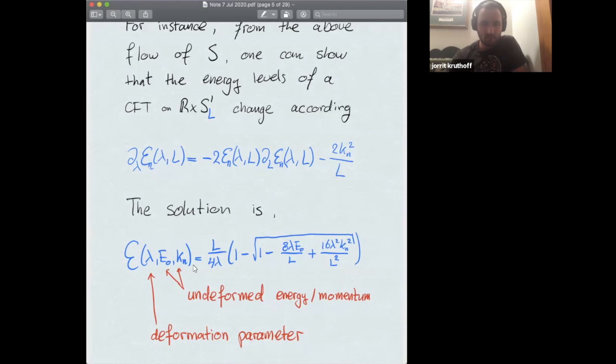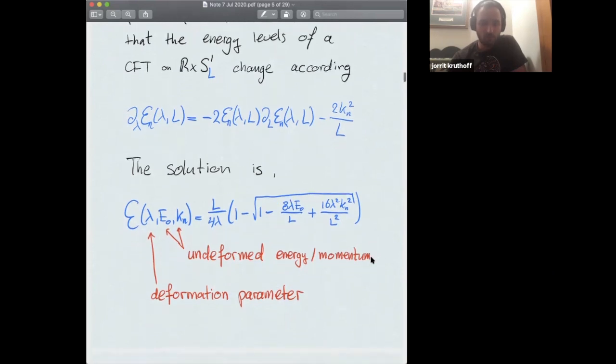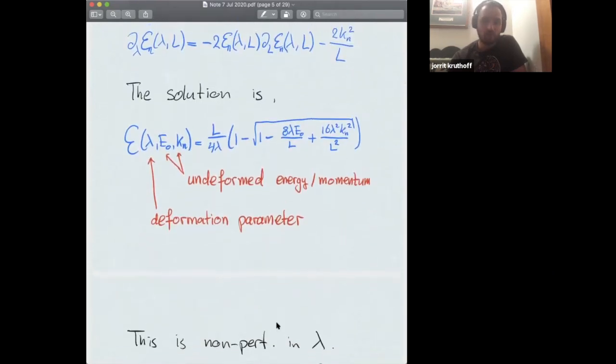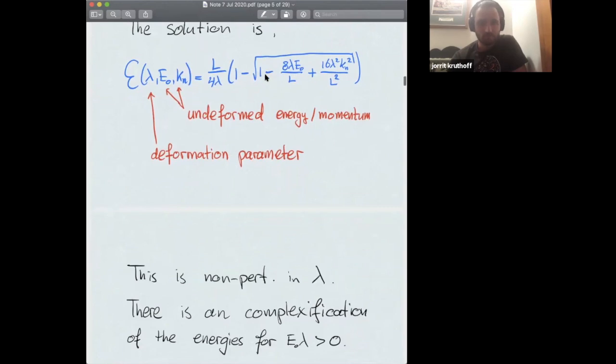So this is the expression you'll find for the flow of the energy levels, and it has a few rather remarkable properties. First of all, this is a non-perturbative expression in lambda. I say that because there is this funny square root here, and also the feature that's maybe more interesting is that suppose we set this momentum to 0, then you can clearly see that this is going to complexify at a certain point.